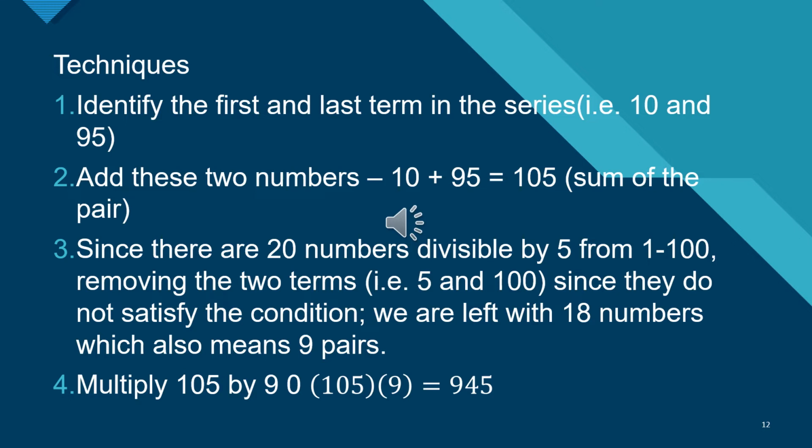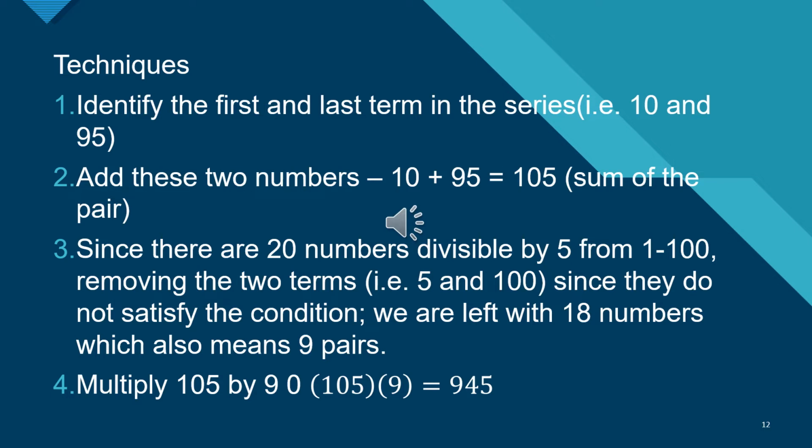So the problem is asking us to find the sum. So we need to add all two-digit numbers that are divisible by 5. If we identify all these two-digit numbers, we actually begin with 10. Firstly, we need to identify what is a number that is divisible by 5. Any number that is divisible by 5 ends with either 0 or 5.